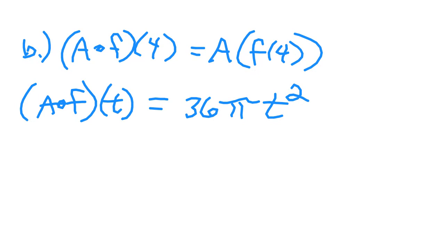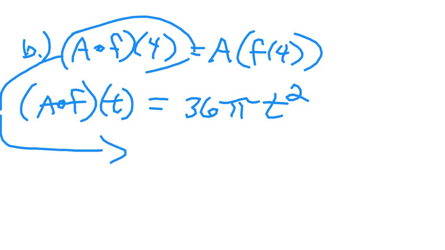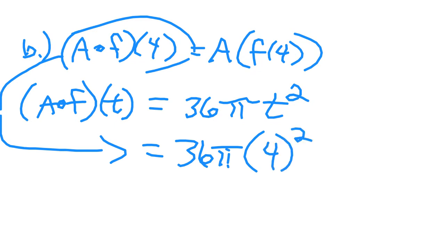So A composed with F of 4 equals what? We plug into the 36 pi, and instead of t we have 4 squared, which is 16. So this is 16 times 36 pi. Just multiply that out.